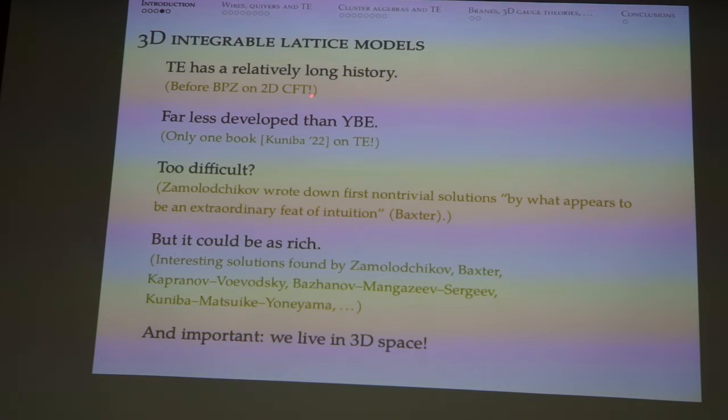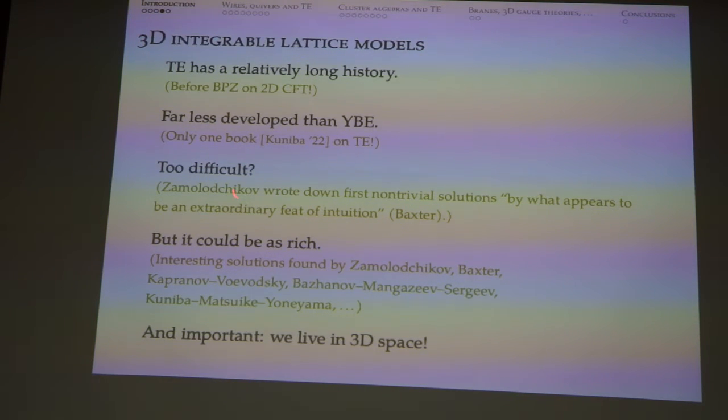So you may want to ask why there's not much development. Probably the reason is the equation is too difficult. The Yang-Baxter equation is already difficult because it's an over-constraining system of equations, but the tetrahedron equation is way more complicated. So coming up with solutions is very difficult.